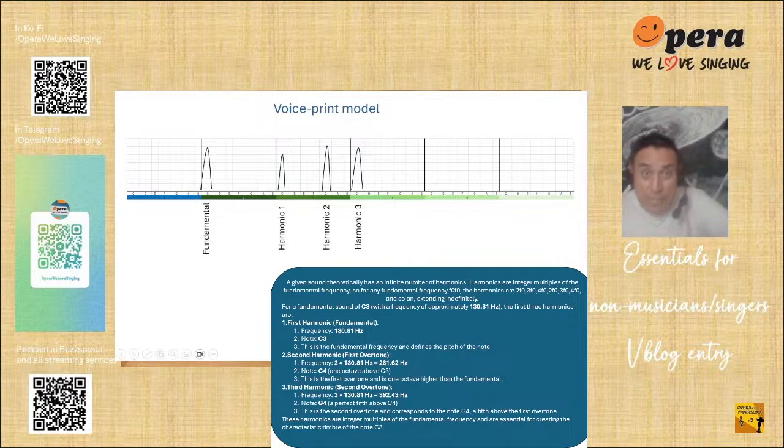Now, I was telling you that what we hear now, my voice that you are listening to now, what gives this uniqueness, what turns it into a voice print, is that it has many, many other components. Even if I am singing an ah, there are going to be many other sounds being produced around that.